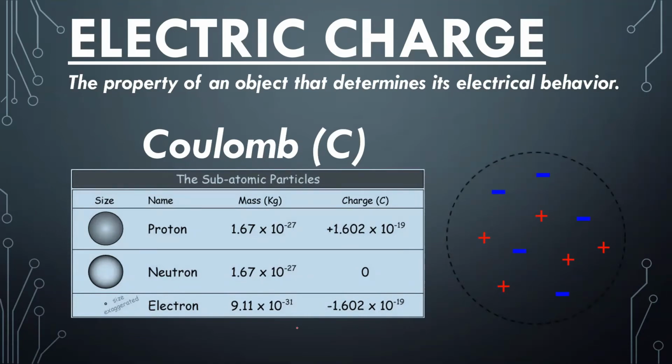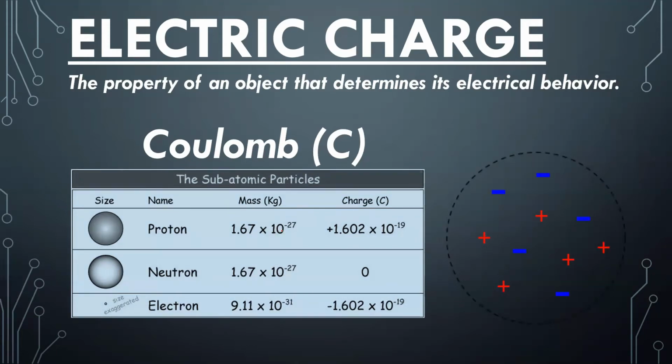And for the neutron, neutron and proton are equal, so they are the same in mass. Magkakalaki sila and they have the same mass. So the mass of our neutron is the same as our proton, which is 1.67 times 10 to the power of negative 27 kilogram. But the difference between neutron and proton is that they have different charges.